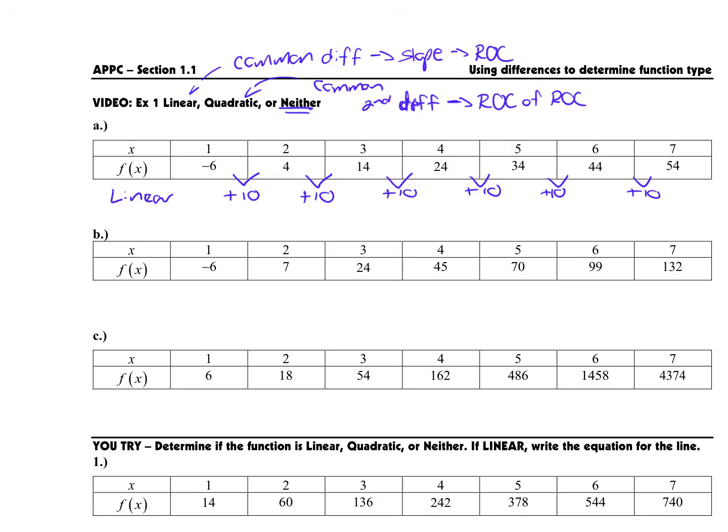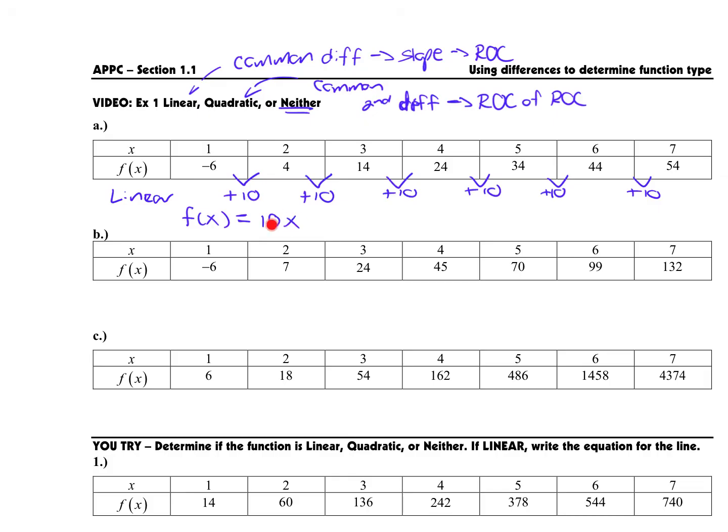Now, we should easily be able to write the equation for any line. So we're going to have our f of x. We just said that that common difference is our slope. We can write 10x. Now, we need to get to this y-intercept. Certainly, you could go through some of the process that you maybe did in Algebra 1 or Algebra 2, but we actually should be able to do this mentally, thinking about the fact that if this x value is 1, we need the first term of this function to be -6.